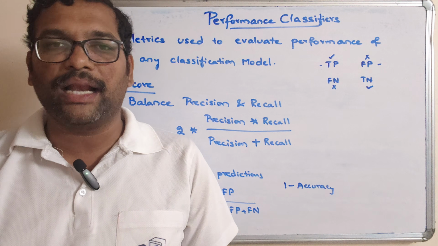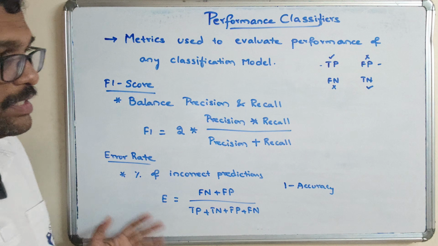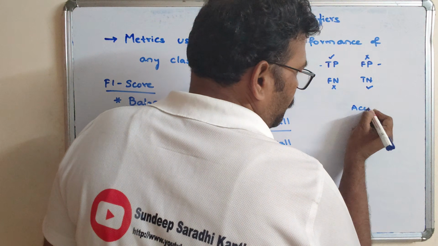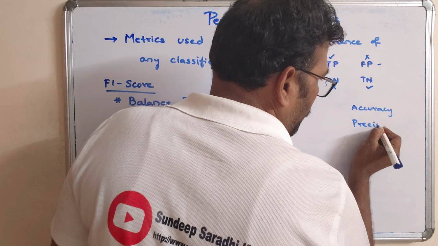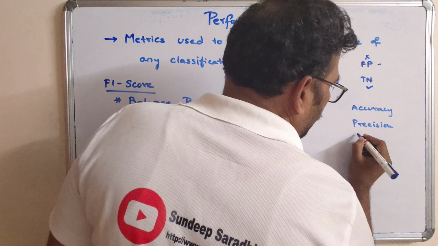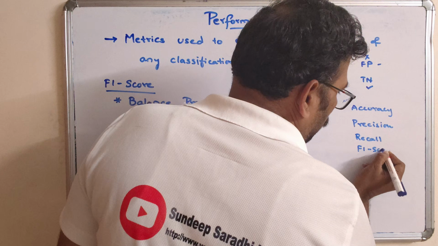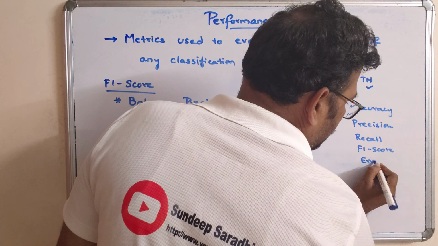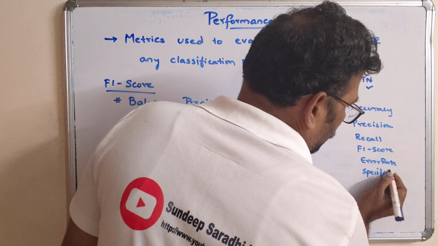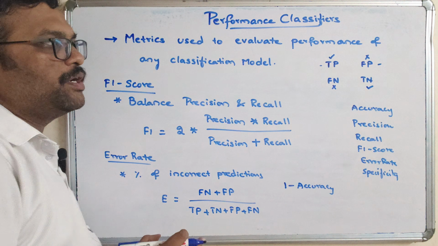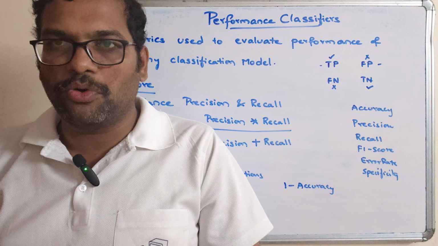And one important point about these metrics is that accuracy alone doesn't give the performance of a classification model. It isn't sufficient. So we need to calculate all these things: accuracy, precision, recall, F1-Score, error rate, specificity. All these metrics are very important to find out the performance of any classification model.